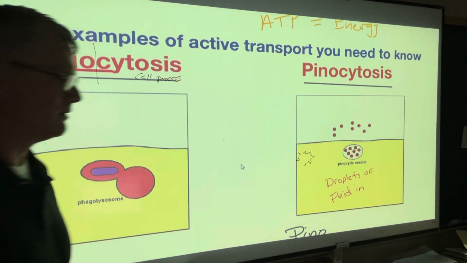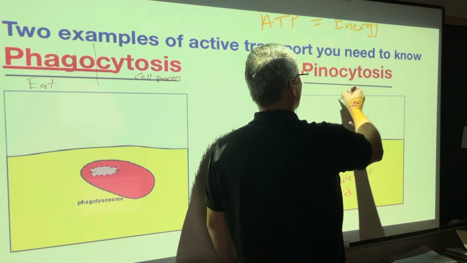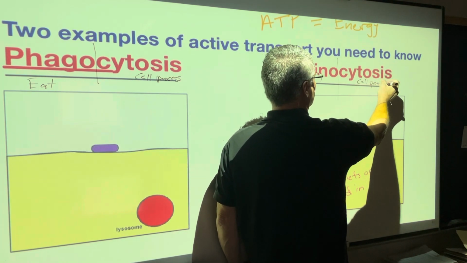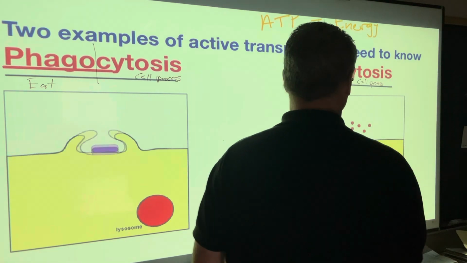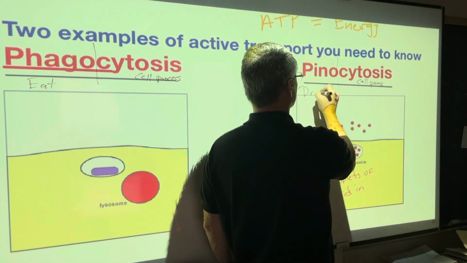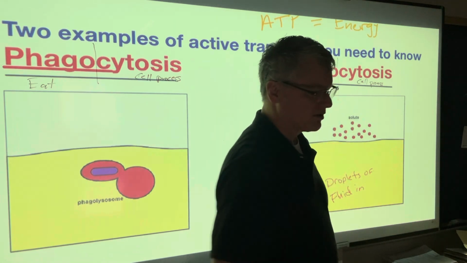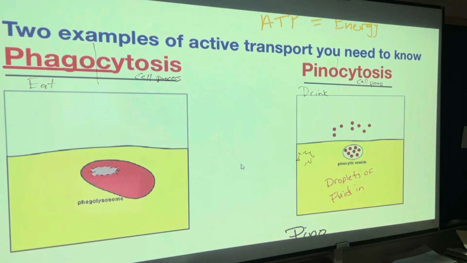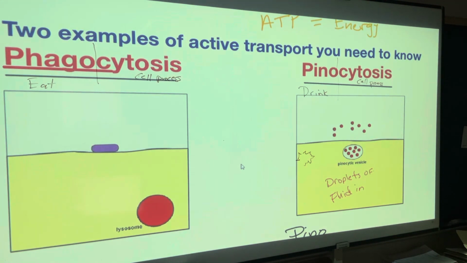This one over here, if you break it down, we know cytosis is a cell process. They're going to be very similar. You're looking at it. But pino means to drink. So we're talking about fluid, usually droplets that are bigger and can't get in.